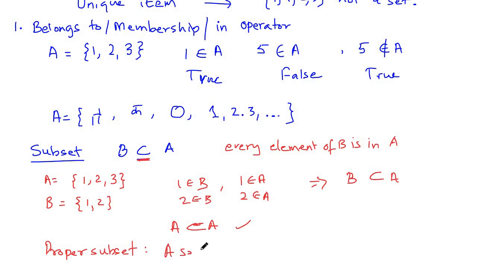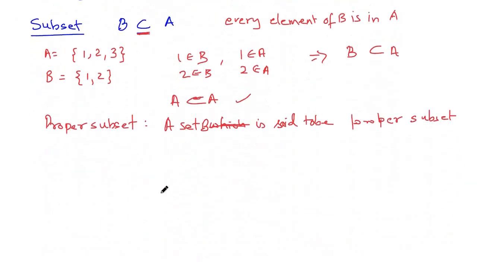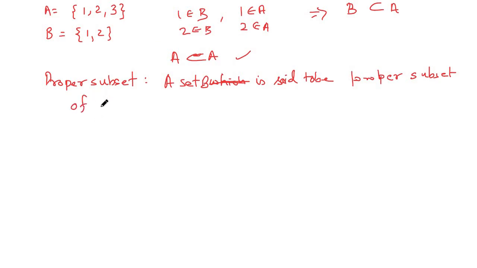A set B is said to be a proper subset of A if B is a subset of A and B is not equal to A. So B must be something smaller.